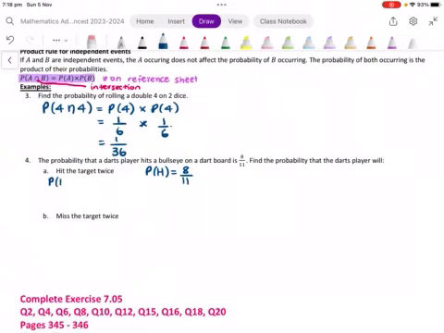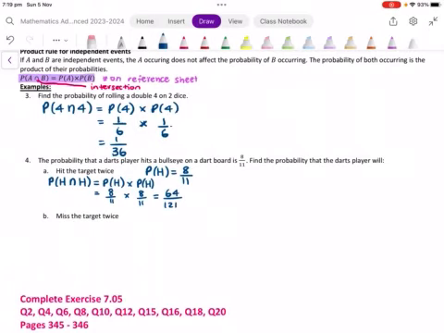So we're going to have the probability of H and H, so hit and hit, is equal to the probability of hit times the probability of a hit, which equals 8 over 11 times 8 over 11, which equals 64 over 121, and that is in its simplest form.